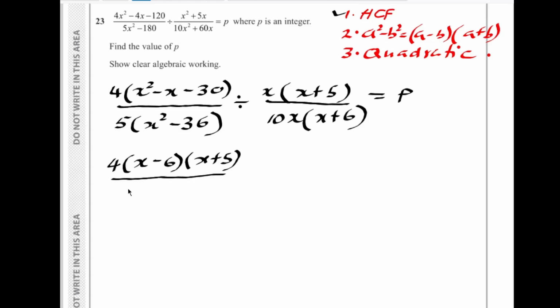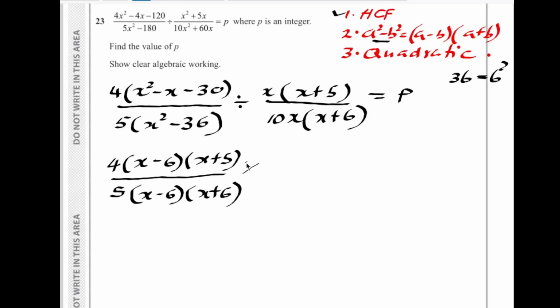Here, I can see difference of squares because this is x squared. I can write this one as 6 squared. Then x squared minus 6 squared. So I'm writing it as x minus 6, x plus 6. This is under difference of squares. 36 can be written as 6 squared. So it is x squared minus 6 squared, x minus 6, x plus 6.